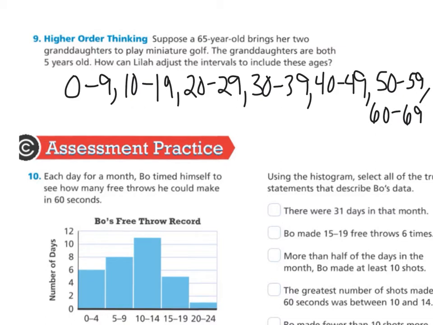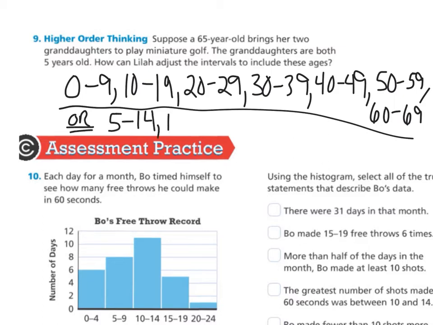Another option, 5 is the youngest that we have, so a different option, you could do something like 5 to 14, 15 to 24, and so on. Okay, that's going to have a little bit more of an impact on our frequency table, or our histogram rather, because the intervals really should be split up equally, equal intervals of possible ages when we do a histogram like this.